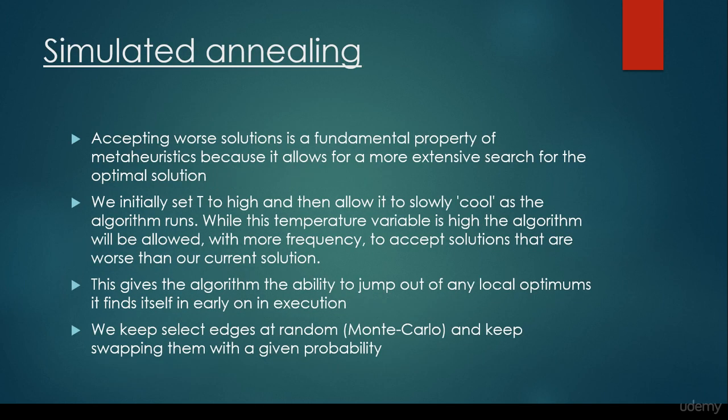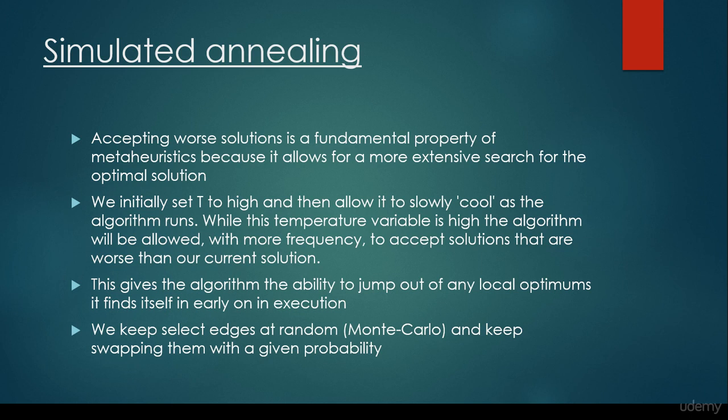Accepting worse solutions is a fundamental property of meta-heuristics because it allows for a more extensive search for the optimal solution. And for genetic algorithms, we are going to see that that's what's happening in the background.